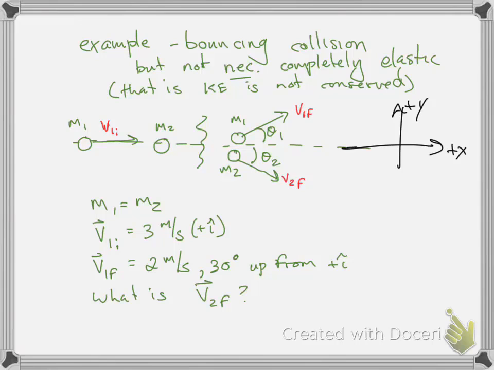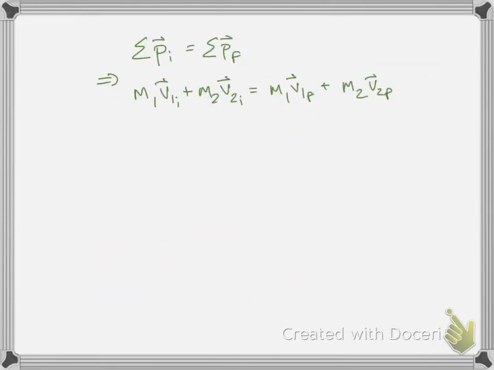Just deal with things in the x direction and then just deal with things in the y direction. So we need to be able to take components of the vectors in the x and y direction, conserve momentum in the x direction, conserve momentum in the y direction. Let me show what that looks like as equations and then come back here and take the components.